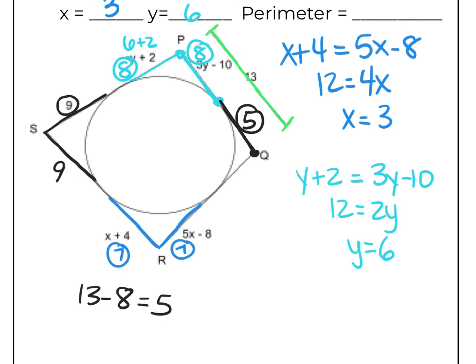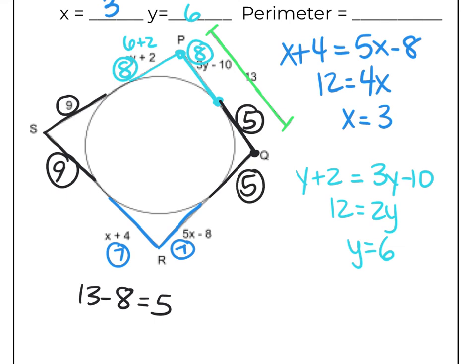Okay, so I'm adding all of these so far. I like to circle all the ones, by the way, because a lot of times at the end I'll see kids left off one circle and then they left that out of their addition. So what do I still need? I still need one side that I haven't written. This one, which will be 5.